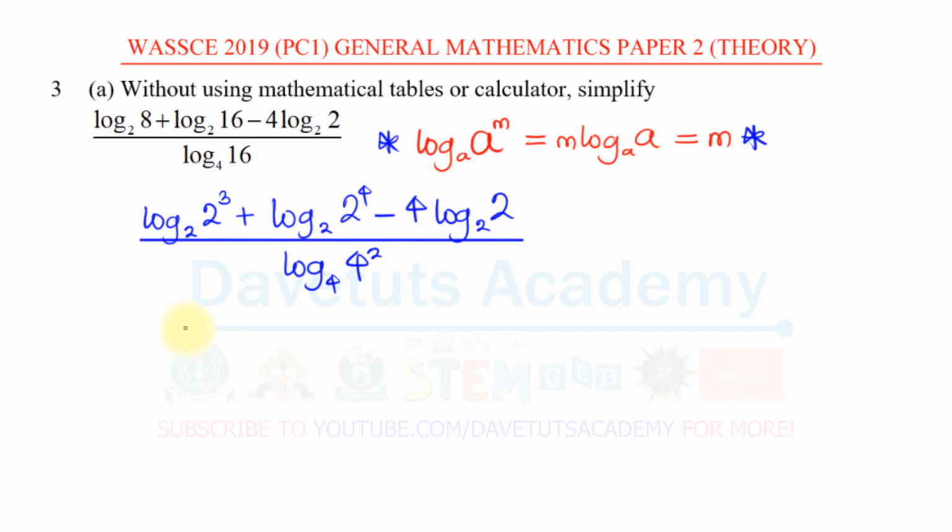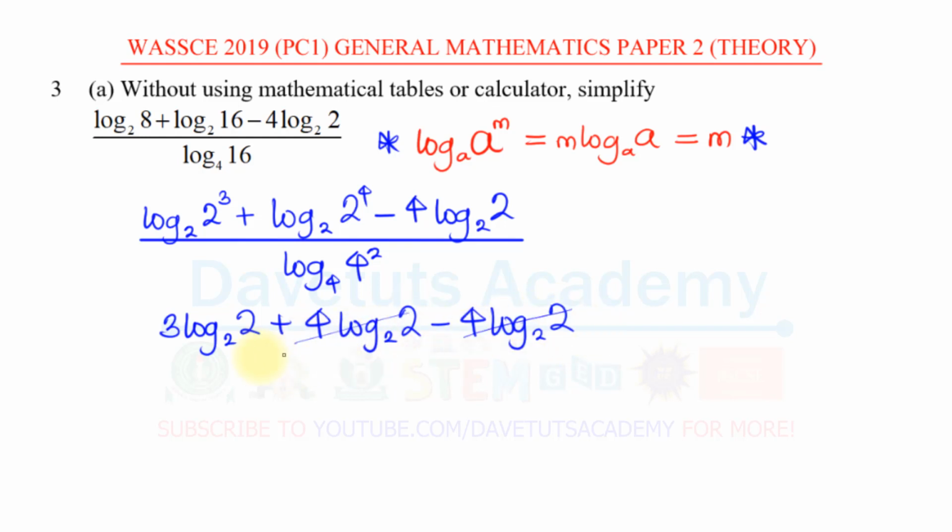So if I bring the power forward, what I'm going to have is 3 multiplied by log to base 2 of 2, plus 4 multiplied by log to base 2 of 2, minus 4 multiplied by log to base 2 of 2, and you can see these 4 log 2 base 2 terms will just subtract each other.